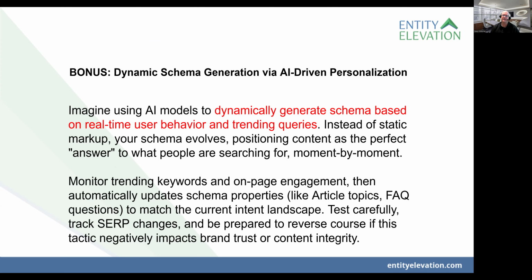Think of things like going beyond just FAQ, things like people also ask, and different relevant queries that are perpetually evolving through other sites like Reddit and Quora and those types of things. Monitor trending keywords and on-page engagement, then the system automatically updates schema properties like article topics and FAQ questions to match the current intent landscape.